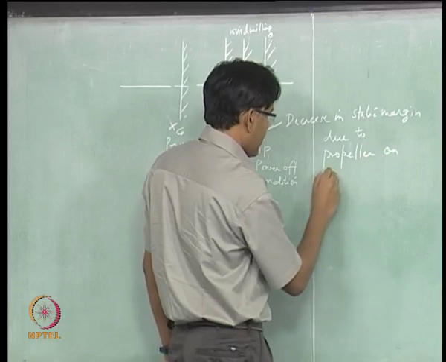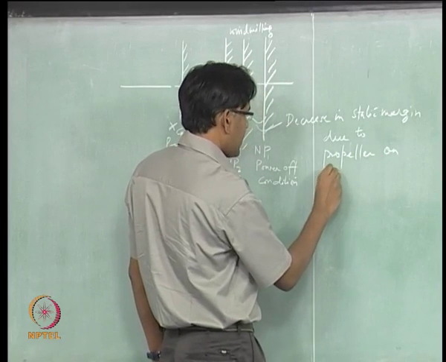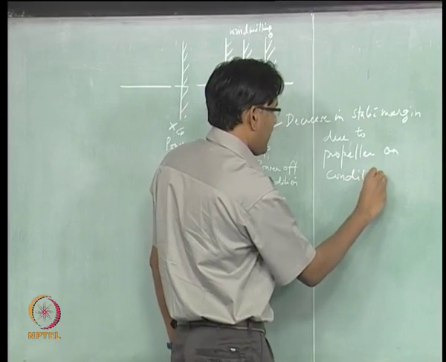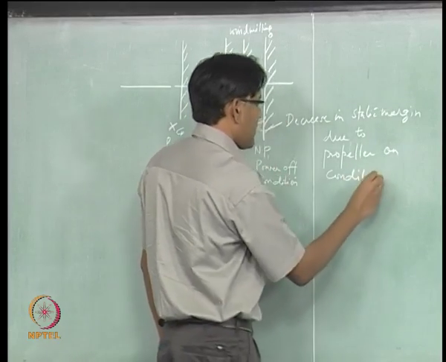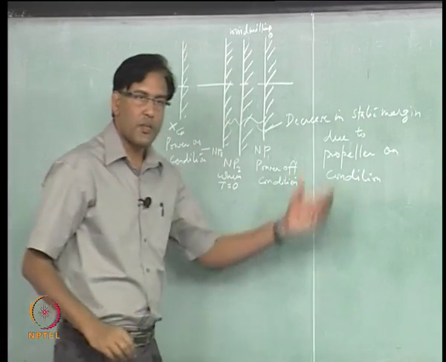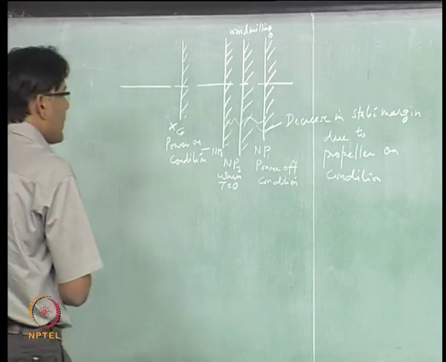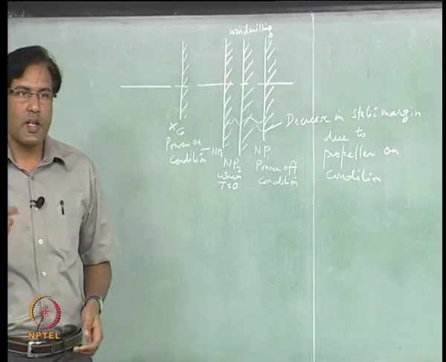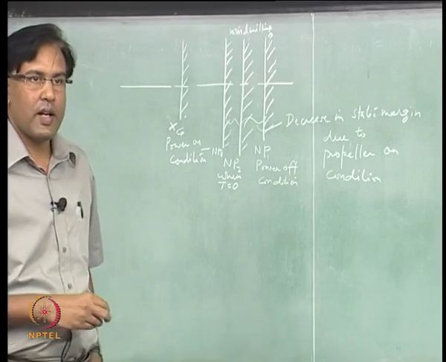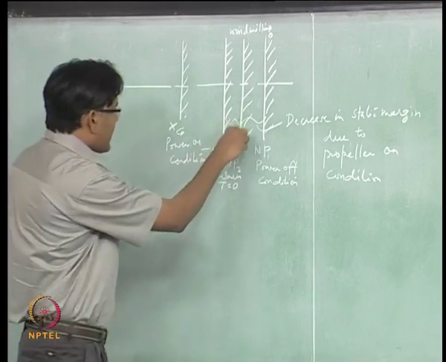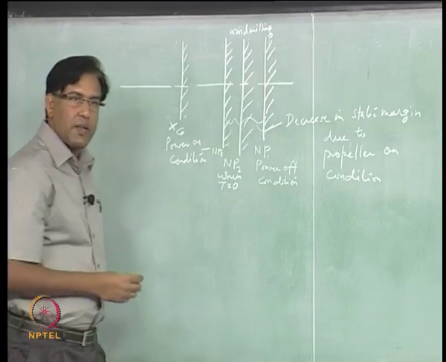Power here is being produced. Whenever we talk about the turboprop engines, we talk about power, right. Okay. So, the net effect is to decrease the stability margin.